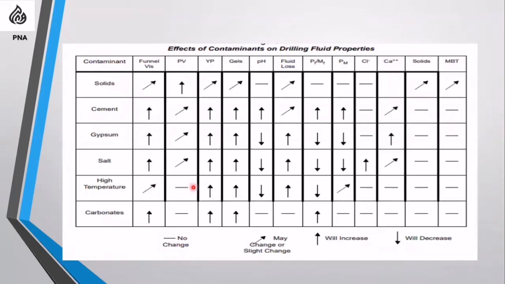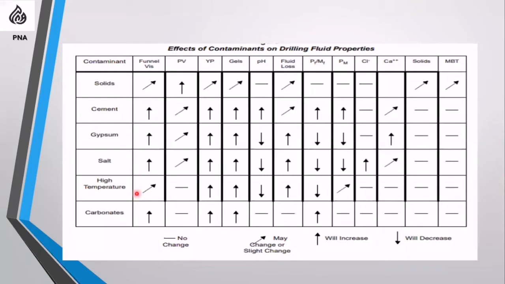So your viscosity, YP and gels will be very high, and the pH will be down, fluid loss will be high, and alkalinity will be down, with a slight increase in Pm. This is when we have high temperature.